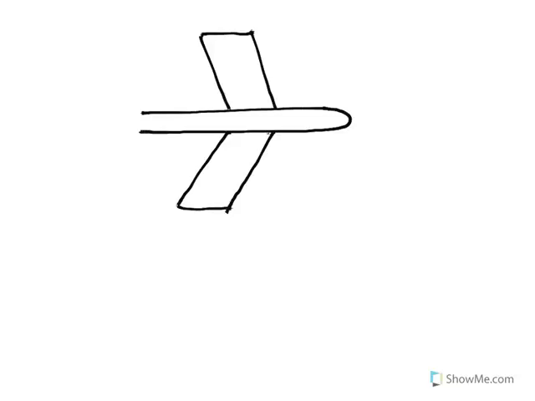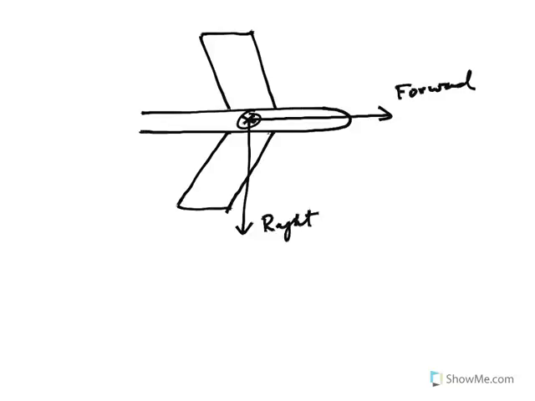So this direction is called forward, and this direction would be called right, and the direction into the page would be called down. The first rotation would be about the angle psi, about the down direction.